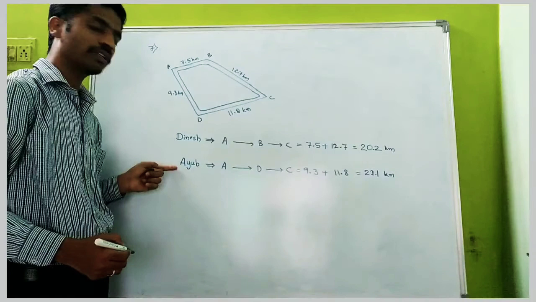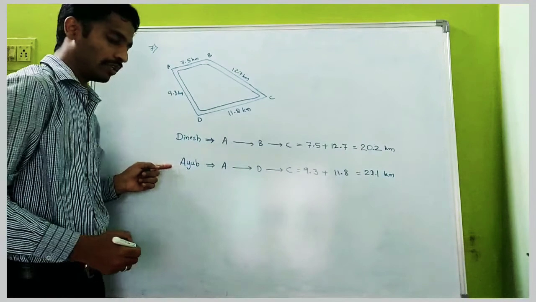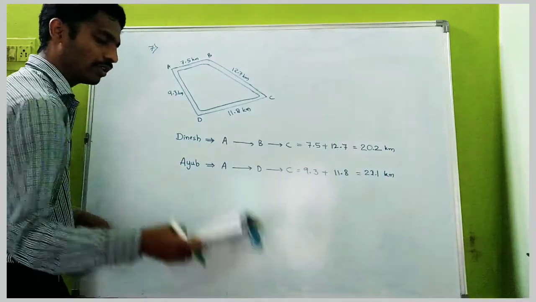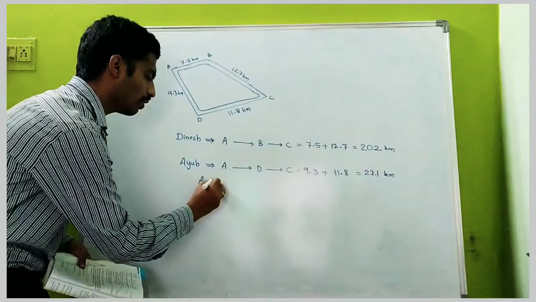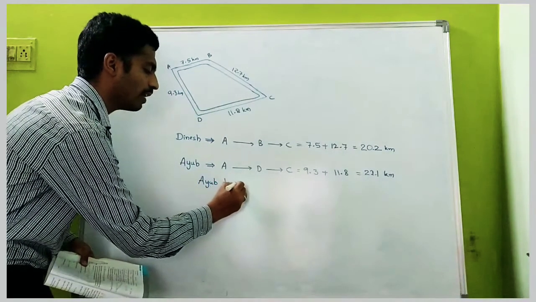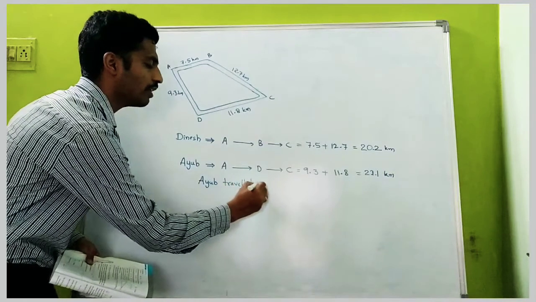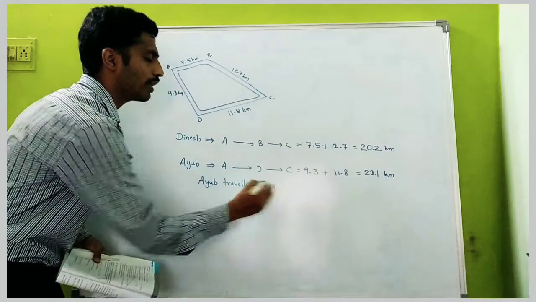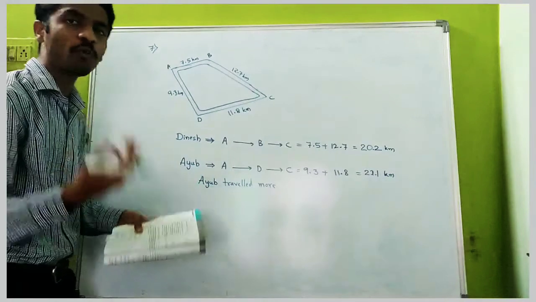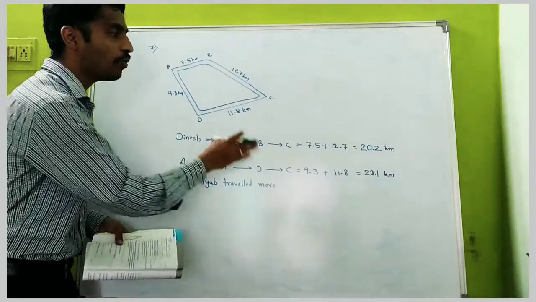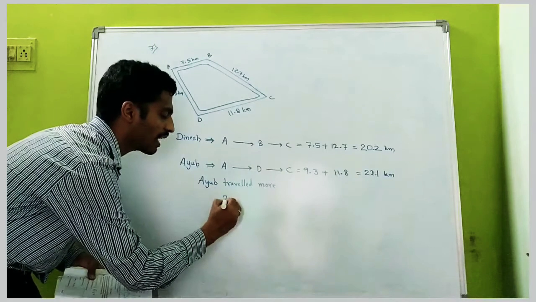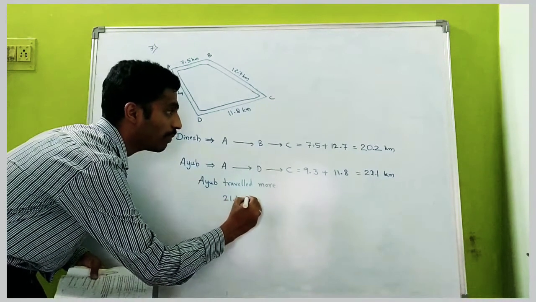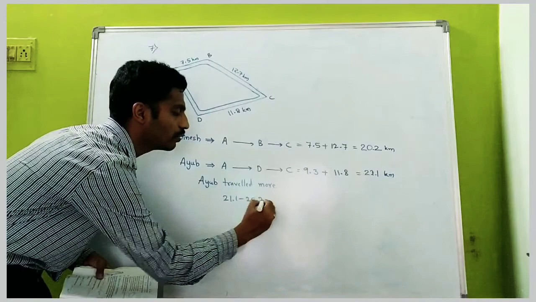Now who traveled most? Okay, so maximum. Ayub traveled more. Okay, and again a question is there, by how much? By how much means how much more he traveled. So what you have to do? You have to subtract 21.1 minus 20.2.